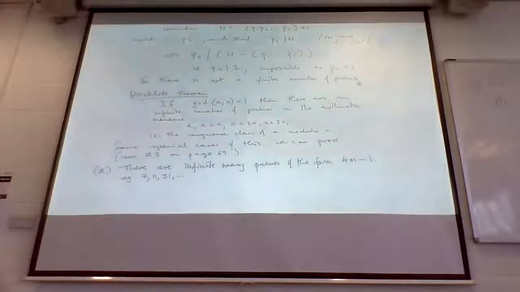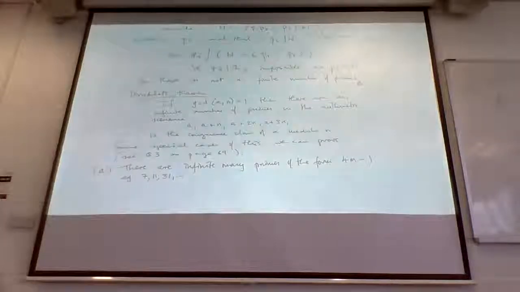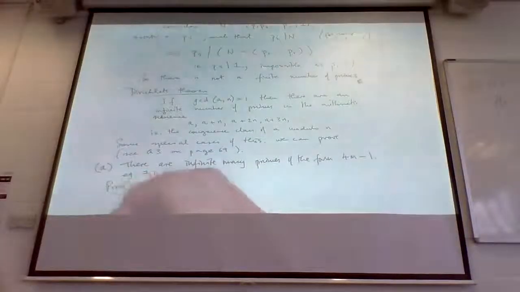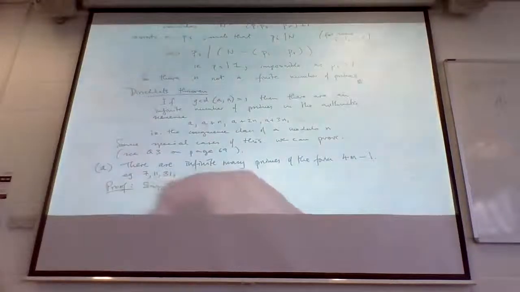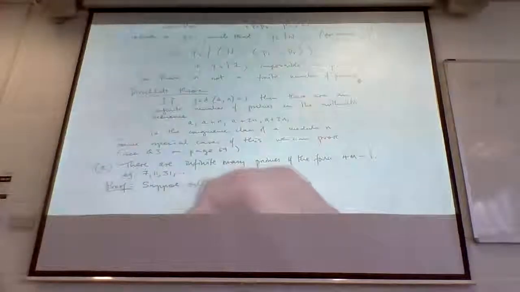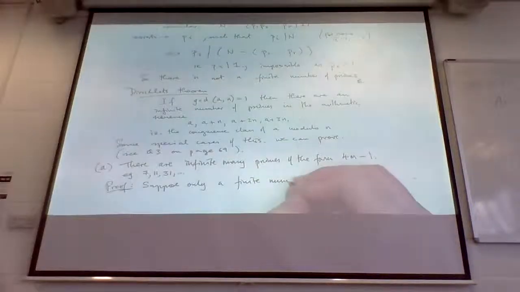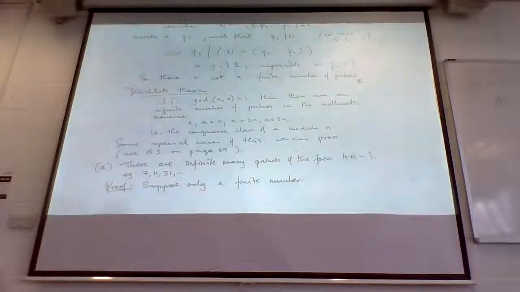There's some guidance, a kind of hint to get the argument started, given in part A. So let's suppose there isn't. Suppose only a finite number. The proofs all work in slightly different ways.